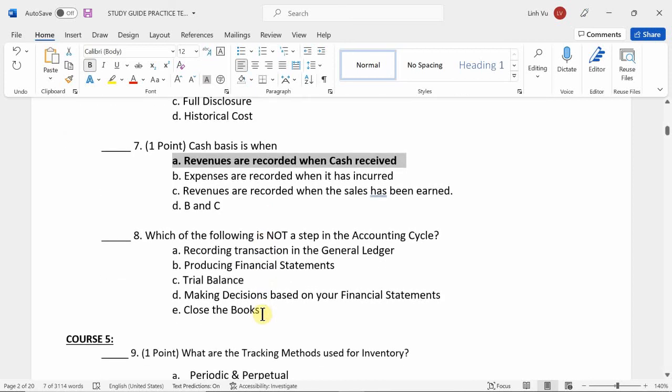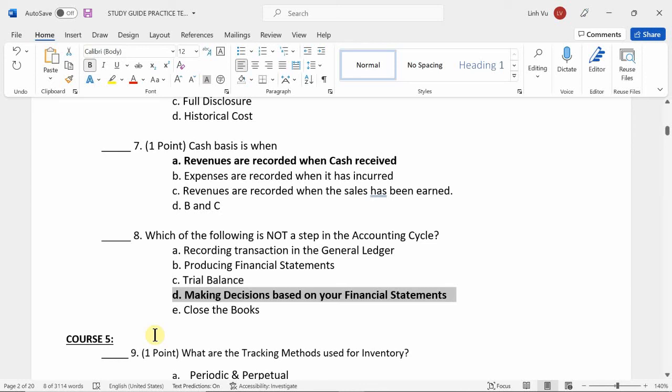Okay. All right. Which of the following is not a step in the accounting cycle? D. Making decisions based on your financial statements is definitely outside the realm of your accounting cycle. This is what accountants do, though.